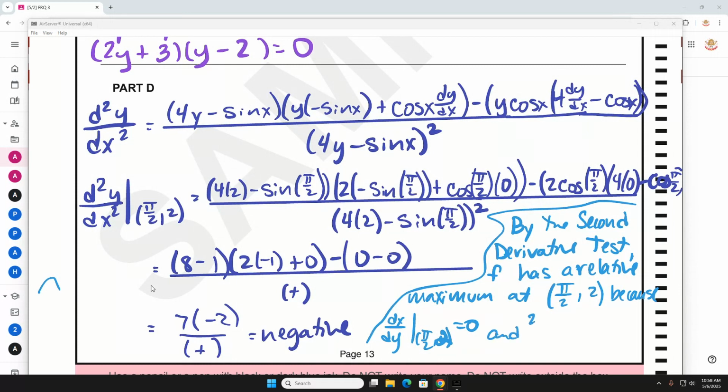And the second derivative of pi over 2, 2 is less than 0. Maybe you don't want to use those symbols. You can write out the words if you have room.